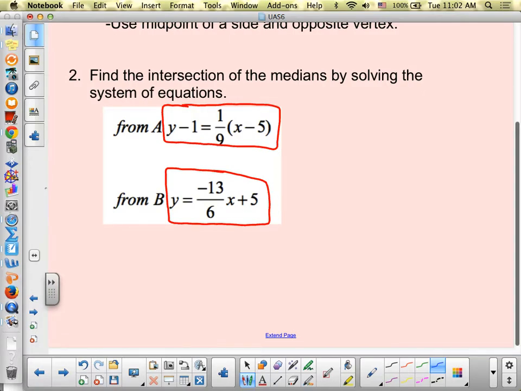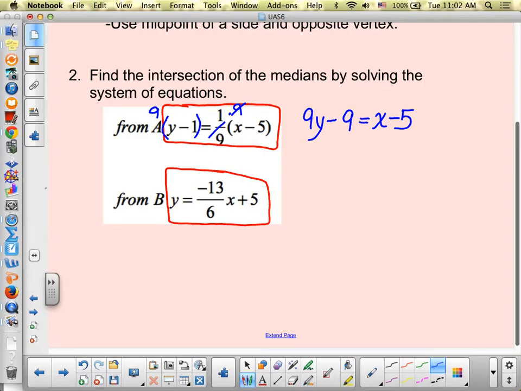So before I do anything with this top equation, I'm going to multiply both sides by 9. 9 is the denominator, and therefore my new equation that still represents that line, 9y minus 9 equals. The 1/9 and the 9 will divide and make a positive 1 multiplier distributor. I'm going to leave it like that for the moment.